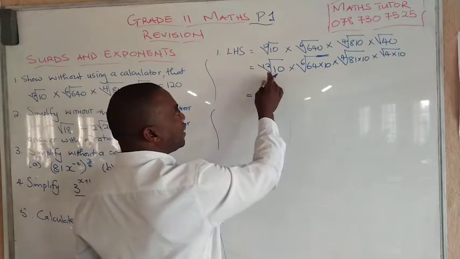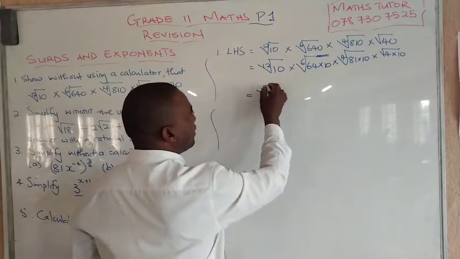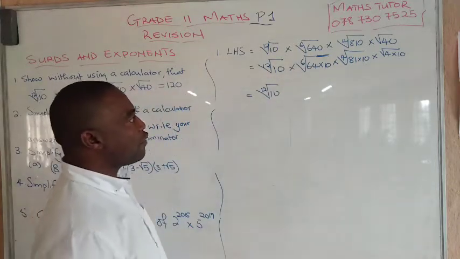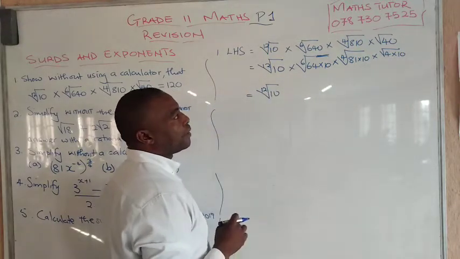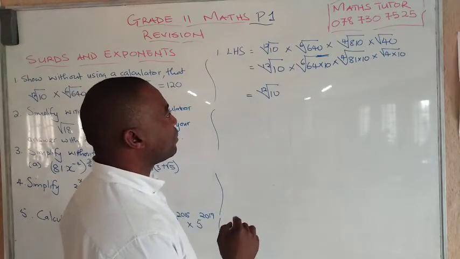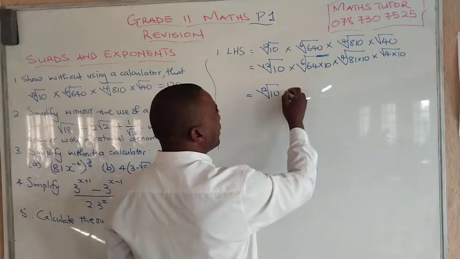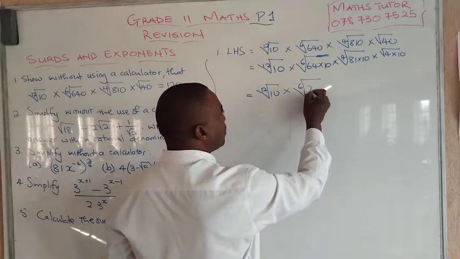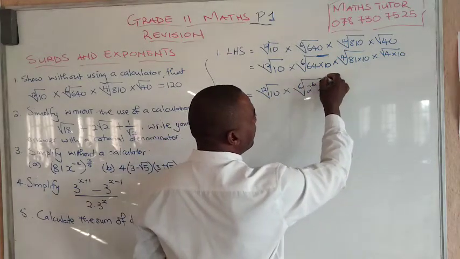Now, the 12th root of 10, we still keep it as it is. And then the 6th root of 64, we can write 64 as 2 to the power 6 times 10.